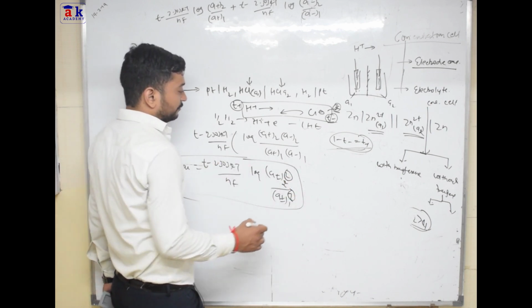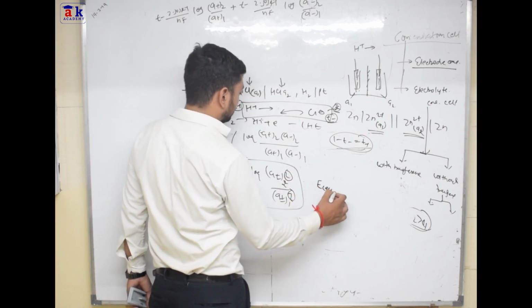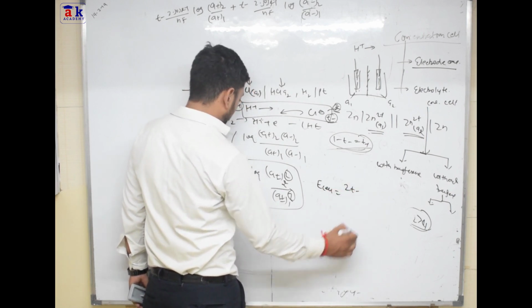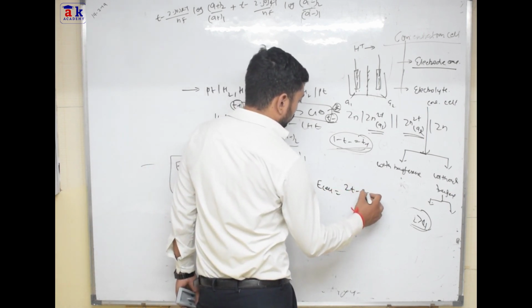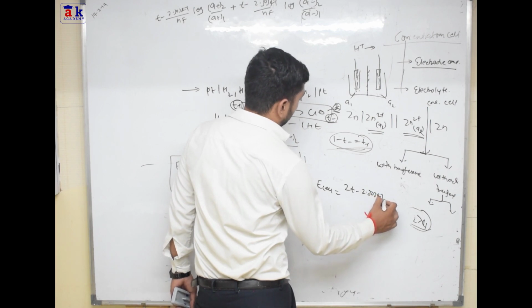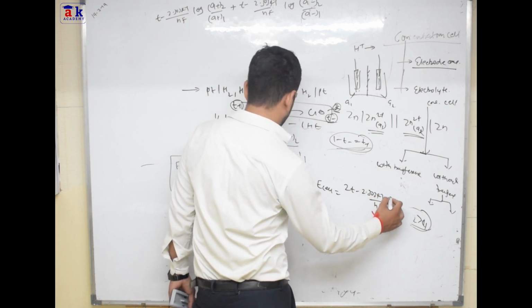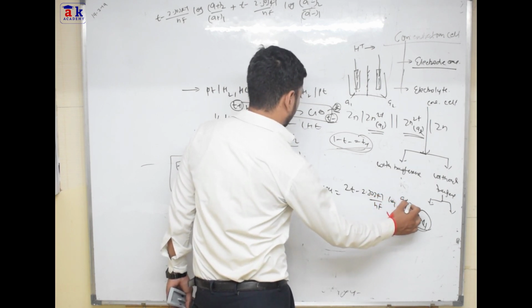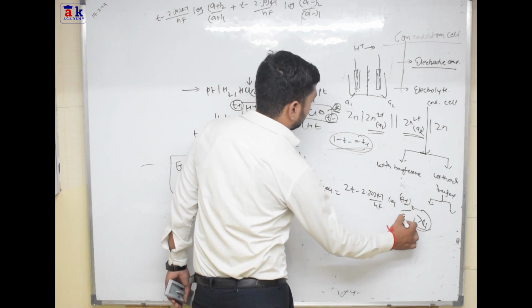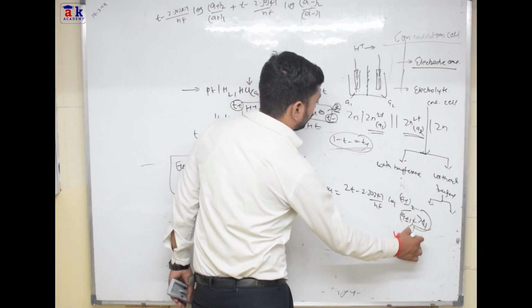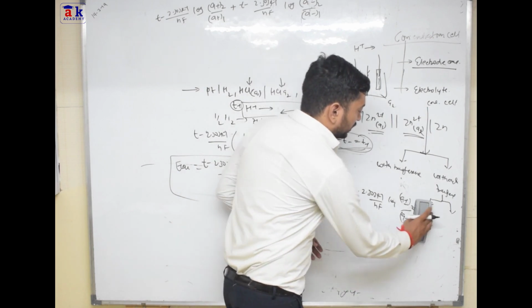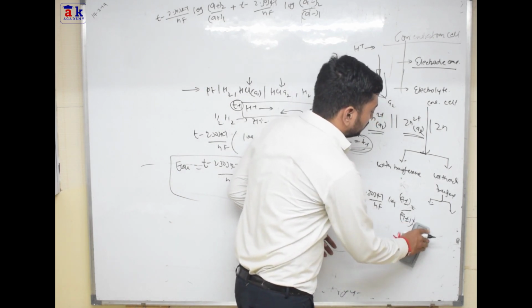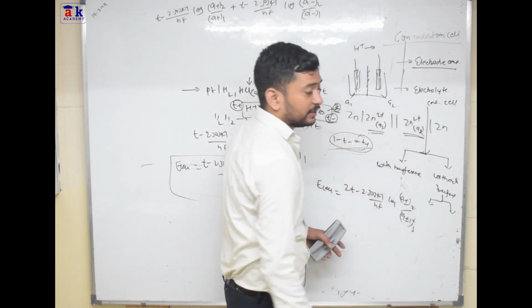If this square comes to this side, this will become E cell is equal to 2T minus 2.303 RT upon NF log of A plus minus 2 over A plus minus 1. Understood? So this is the formula we have got.